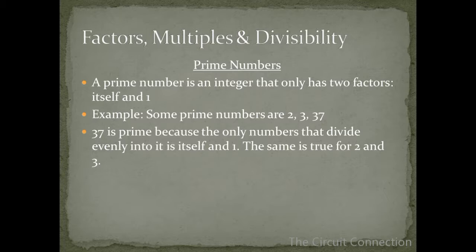The same is true for 2 and 3. But take note that 1 itself is not a prime number, because it only has what? 1 and 1, which is already 1, so it's redundant, so it doesn't qualify as itself and 1. So 1 is not a prime number. Neither is 0, by the way.